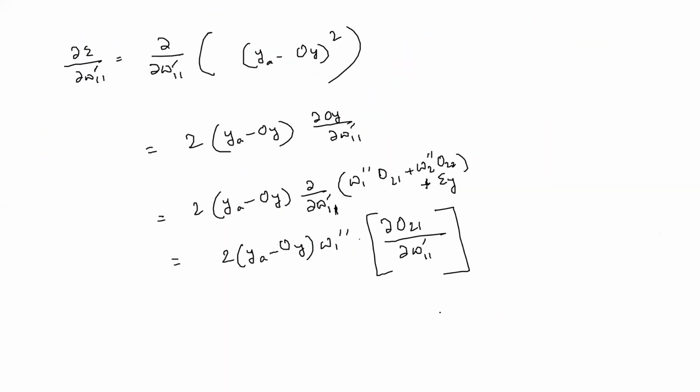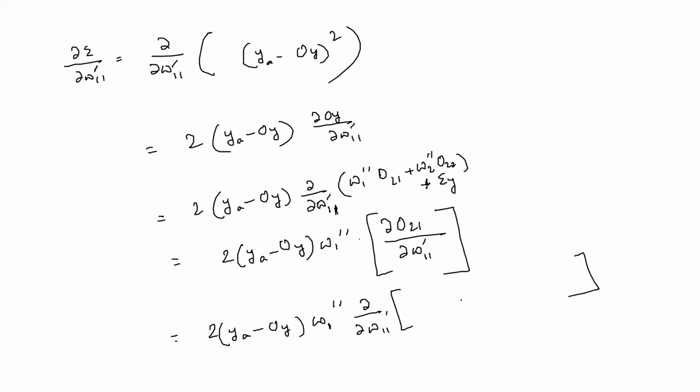So then this formula becomes 2 into (YA minus OY) into W1 double dash. Remember, if there was logistic here, then there would have been double logistic. Here one logistic, here one logistic. I would have created further problem. But because I am assuming linear, this would have been like this.